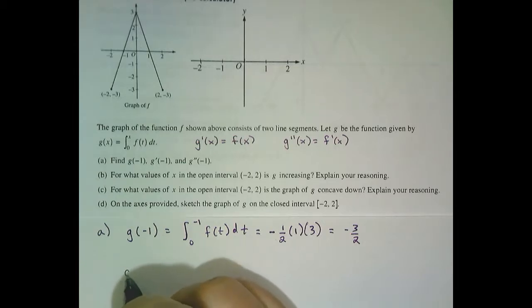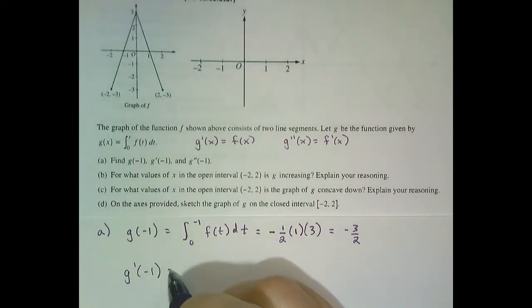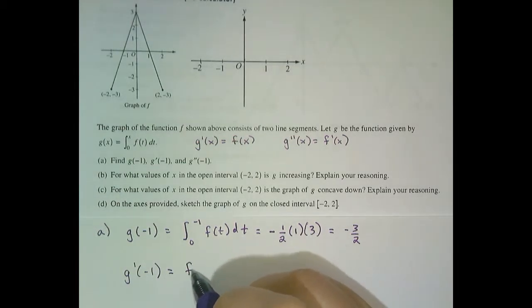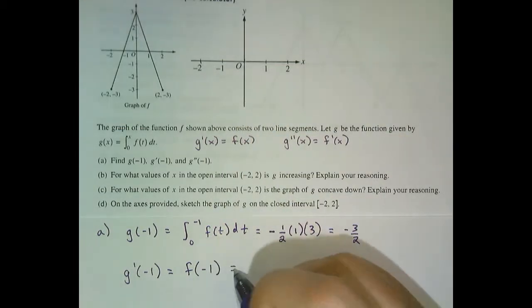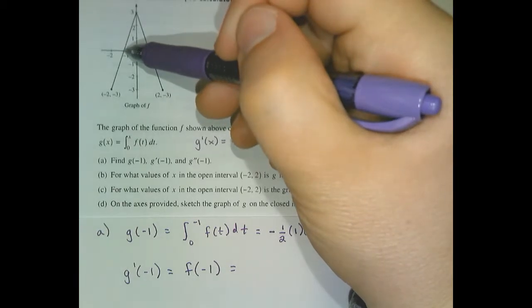They also want us to find g prime of -1. Well, g prime of -1, given our relationship, is the same thing as f of -1, which we can look at on the graph. f of -1 is 0.